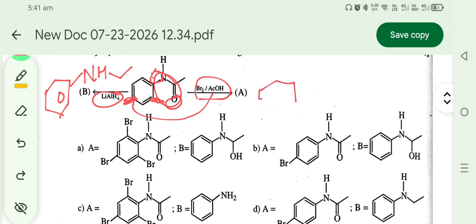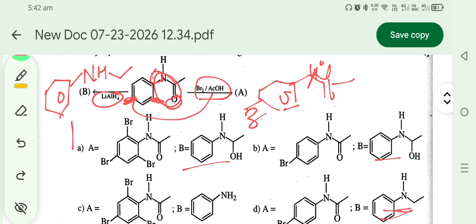Hence, option A is the amide part, with bromine bonded at the para position. So the first compound is an amine, B is an amine, and A is the para-bromo amide. D is the correct one.